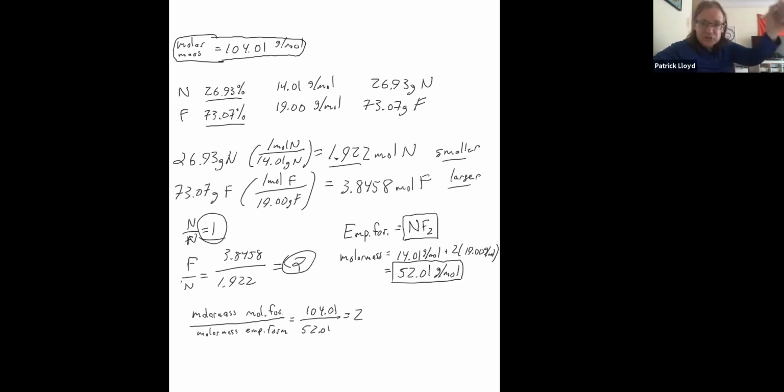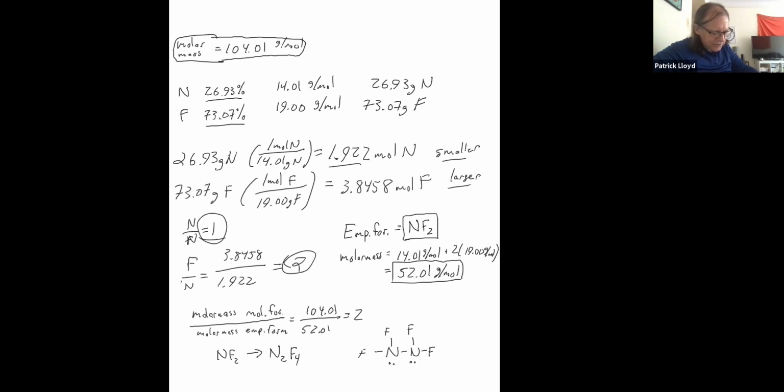So that means it has twice as many atoms, right? 2 atoms weighs twice as much as 1 atom. So you just take your NF2 and you change that to N2F4. And there you go. So here's our N2F4. Actually, that makes sense, N2F4.